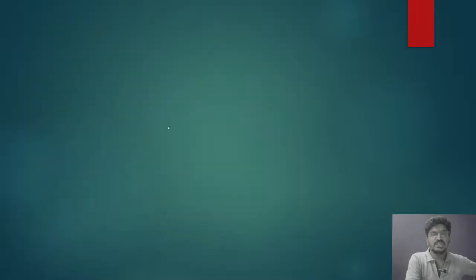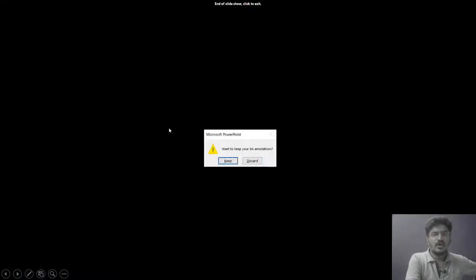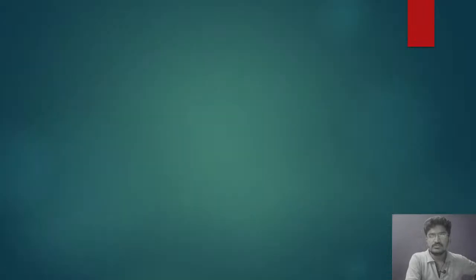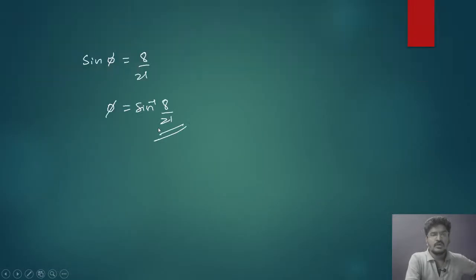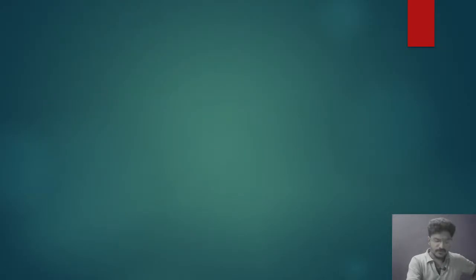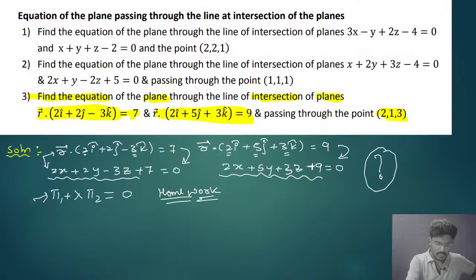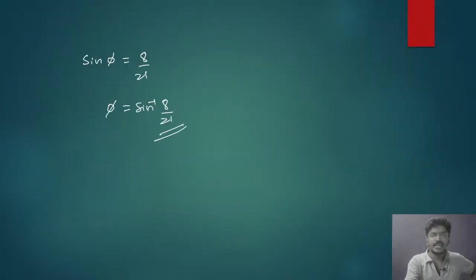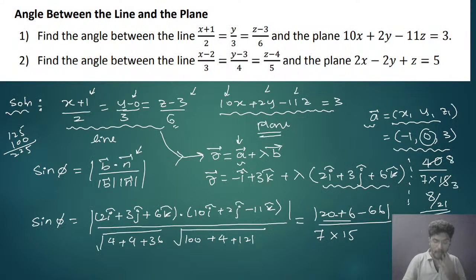So if we finish this, I think all the important problems of three-dimensional geometry are over. The aim of this problem was to find the angle between a line and a plane.